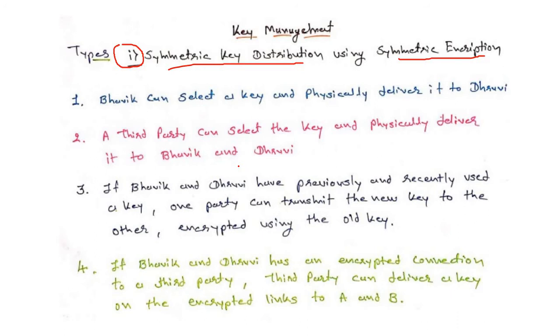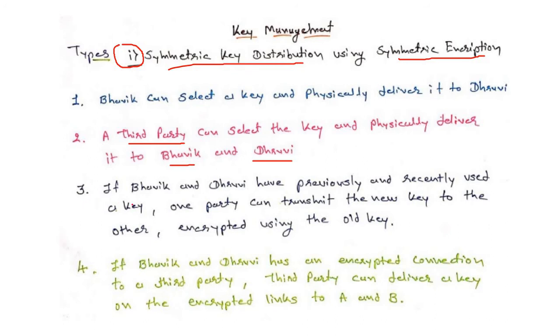So we can put our key at some colleague's or neighbor's home. Whenever any person arrives at home, that person will bring the key from the neighbor. That is the use of a third party in network security. A third party can select the key and physically deliver it to the communicators.